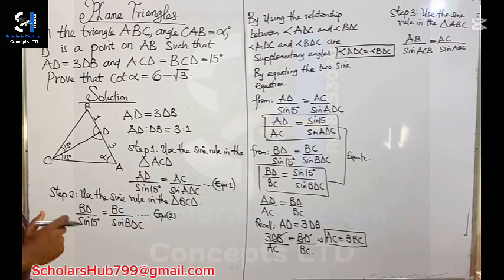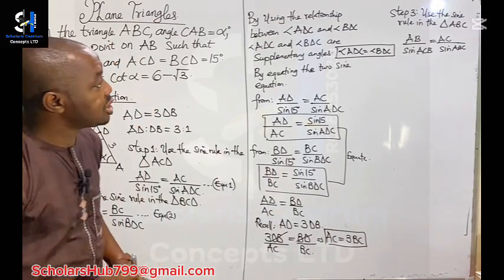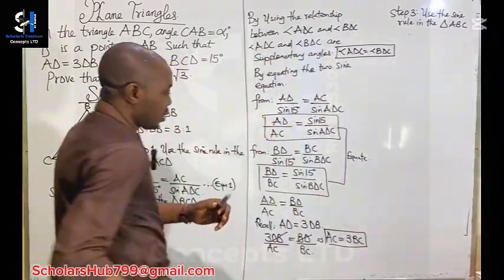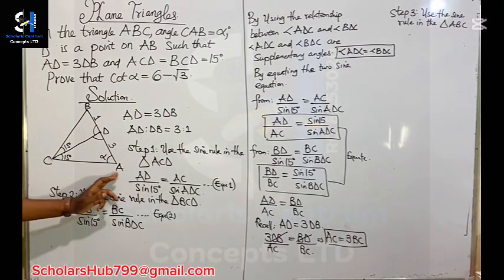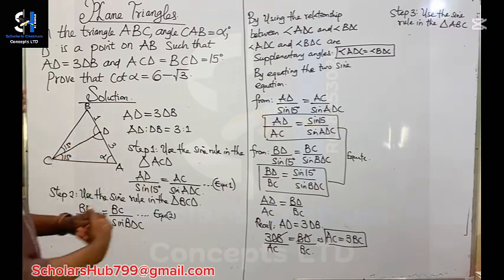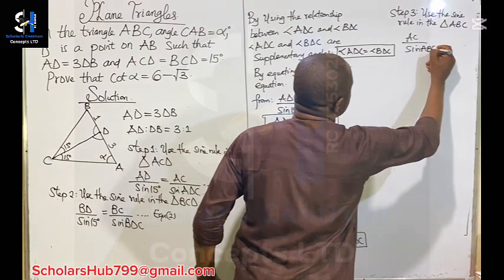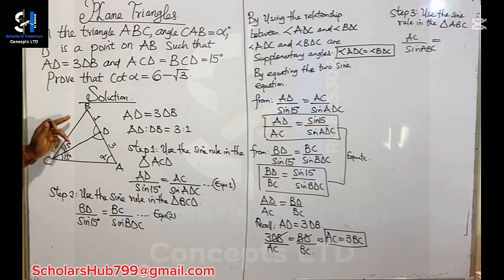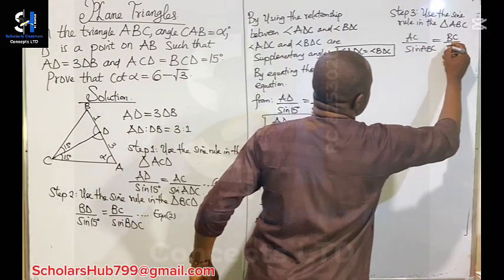Now let's come back to what we have here. We have AC, and it has to be in terms of BC. So we have AC over sine ABC, then BC over sine BAC.